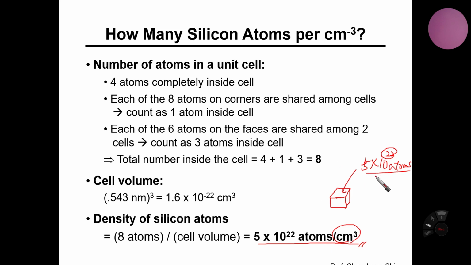Can you guess what the upper limit, the upper boundary, of the number of impurities in crystalline silicon is? You should answer that the upper limit is 5 times 10 to the 22. Otherwise, the impurity is not an impurity. The impurity would be the main actor, and silicon would be the impurity for those main actors. Okay, right.